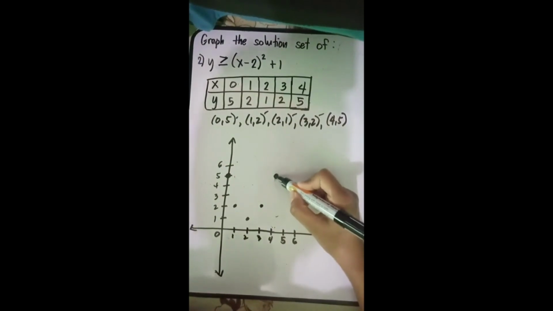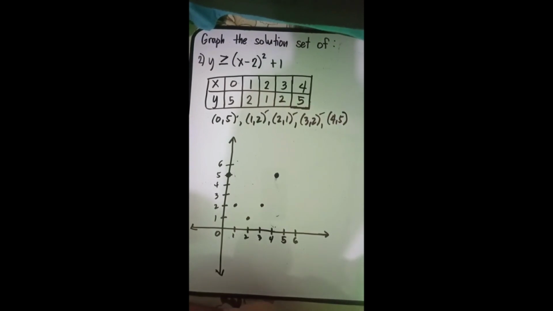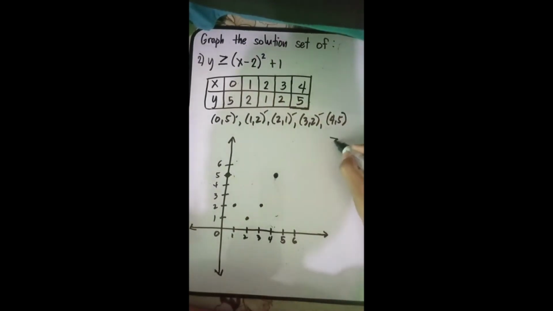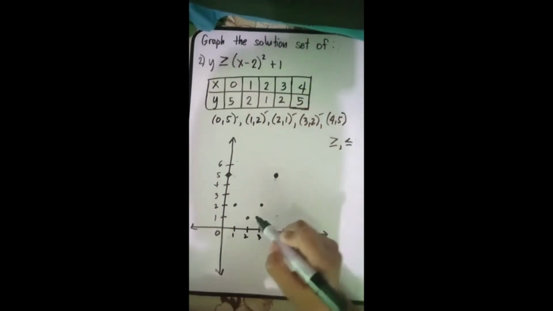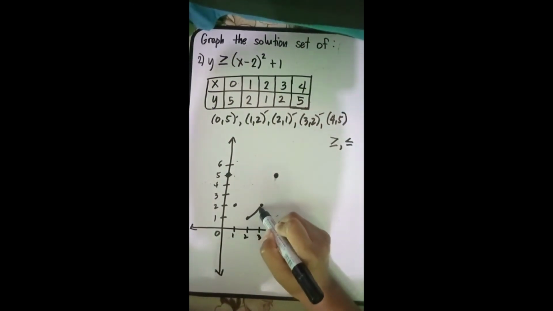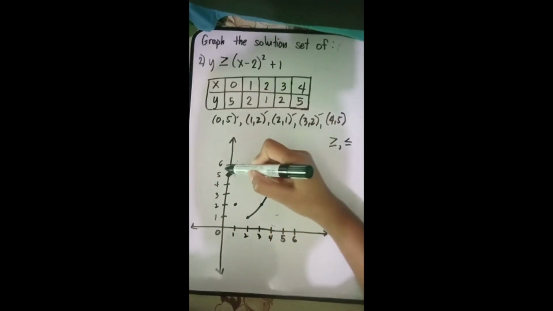So, like I have said earlier, pag ang inequality symbol na ginamit is greater than or equal to or less than or equal to symbol, ano yung graph natin? What will be the parabola? Our parabola will be drawn using a solid line. So, i-connect natin yan. Yung parabola natin would be a solid parabola.